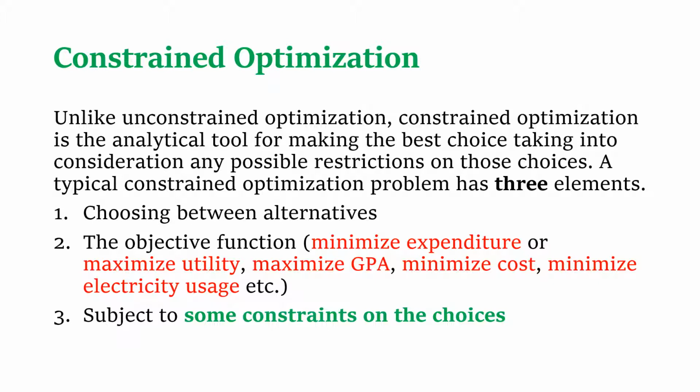That's why we are constrained, that's why we are making a choice, and that is why we are studying economics. If we were able to get everything that we want, there would have been no need to study economics, no need to optimize, no need to economize. But the fact remains that the resources at your disposal are not enough.